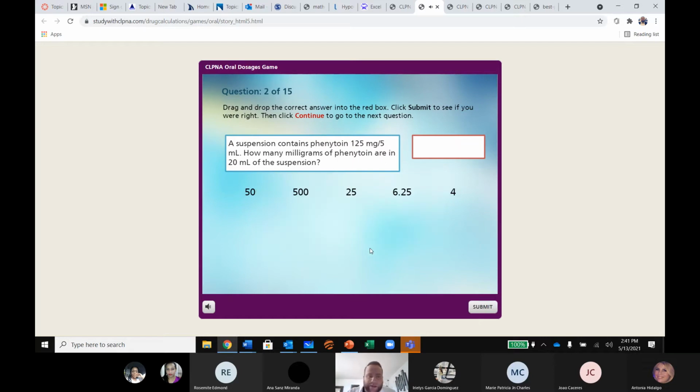Junior, the following question. A suspension contains phenytoin 125 milligrams per 5 ml.